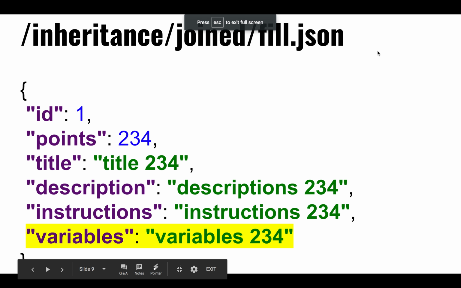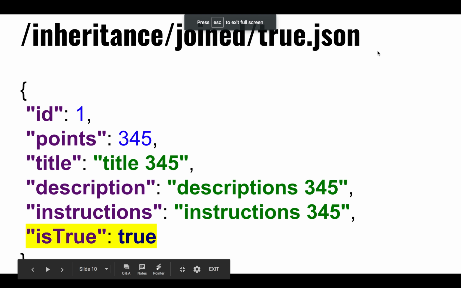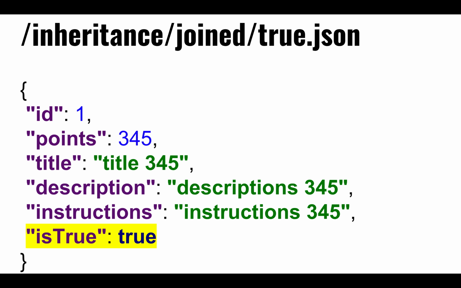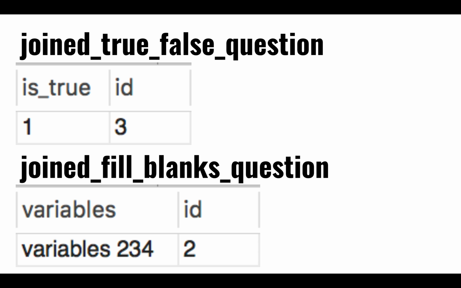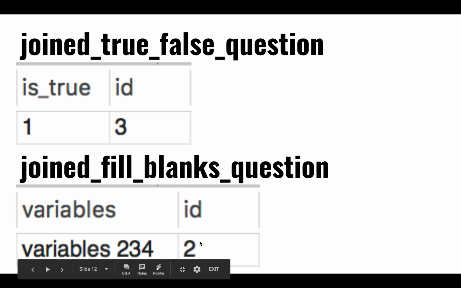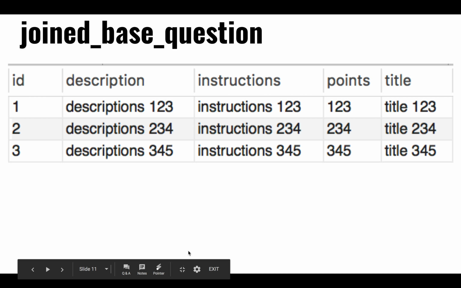And you have the fill-in and the true inheriting from the parent, with its own special field for that particular class. And this is what it might look like in SQL when you query it, where you have ID 1, description 1, 2, 3, 1, 2, 3, and then references for each one of these, where the true/false is referencing ID 3, and the fill in the blanks is referencing ID 2, which is these two over here.